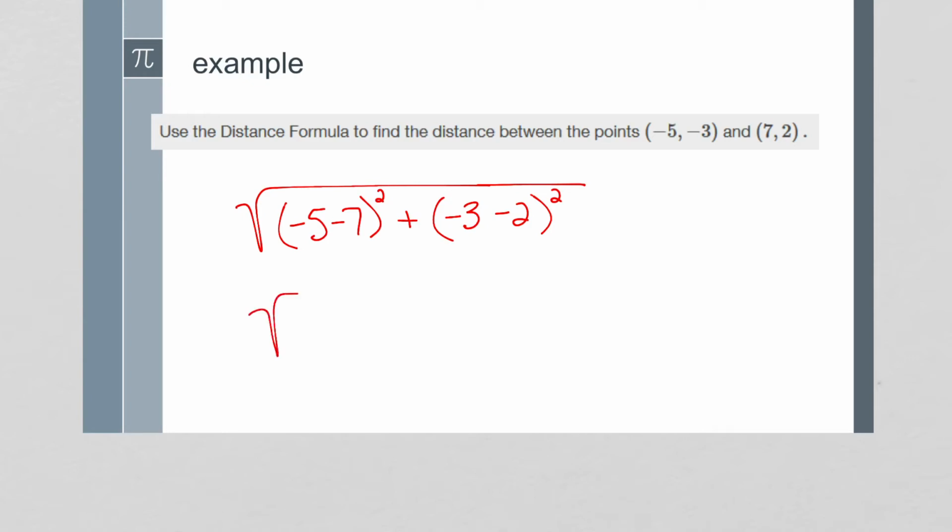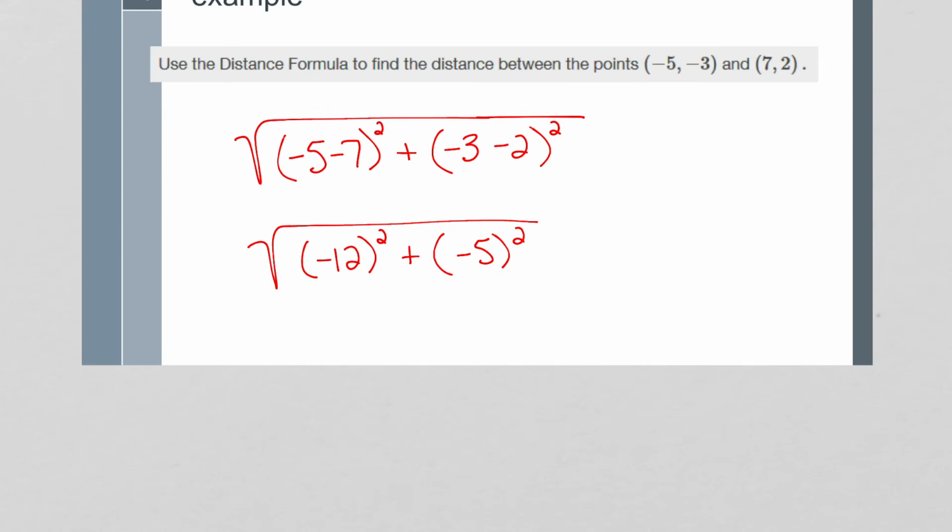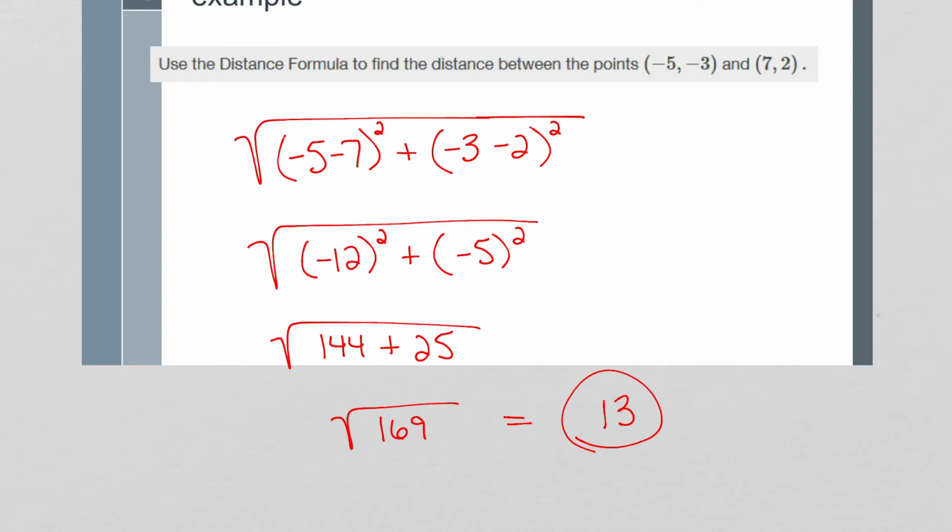We've got the square root of -12 squared plus -5 squared. Now, remember, anytime you square a negative, you don't get a negative anymore. So you get 144 plus 25. So we want the square root of 169, which is 13. So the distance is 13.